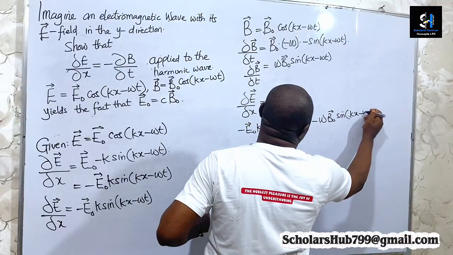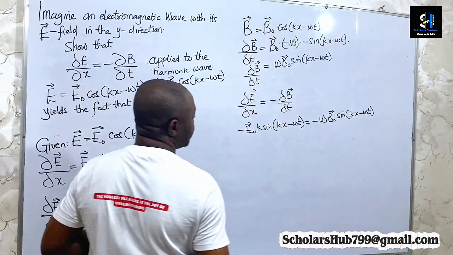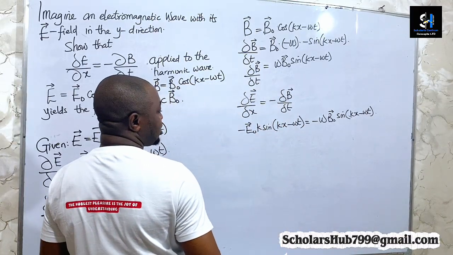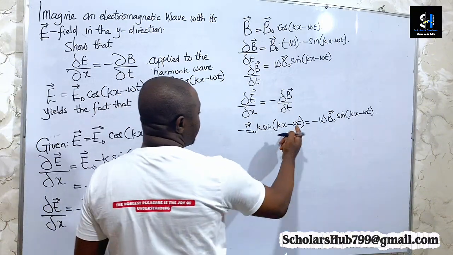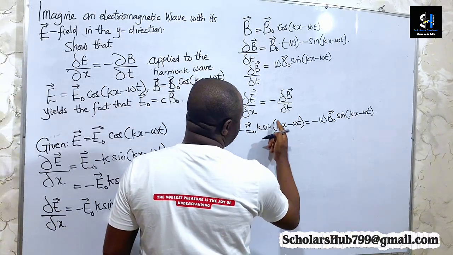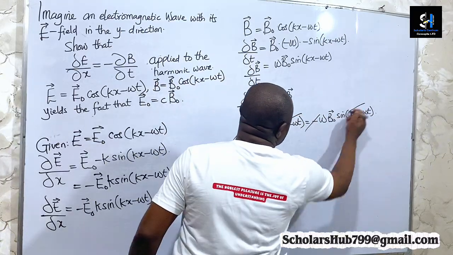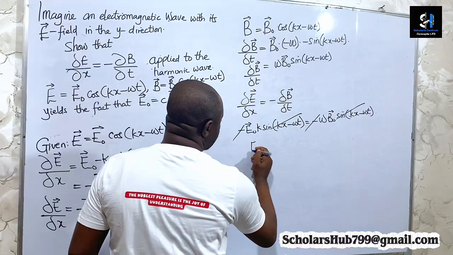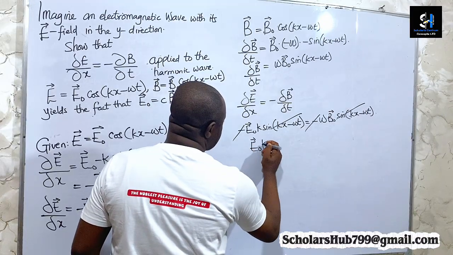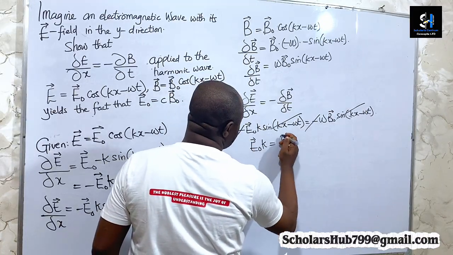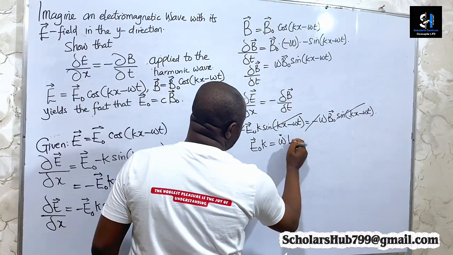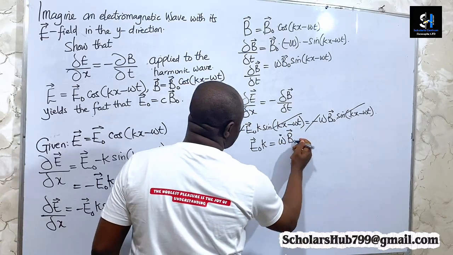(kx - wt). So if we divide both sides by negative sine(kx - wt), this will cancel from both sides. So we'll be left with E naught times k equals omega times B naught.